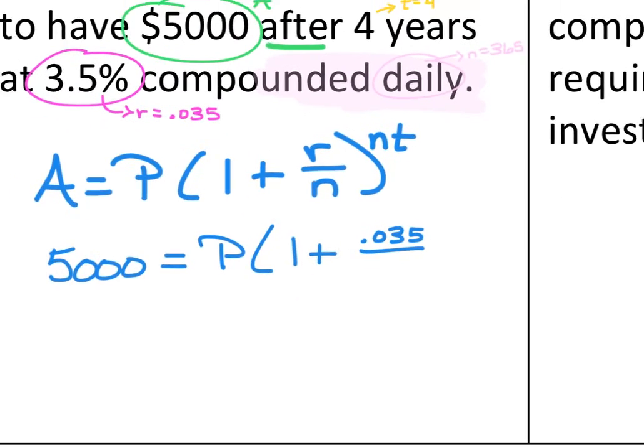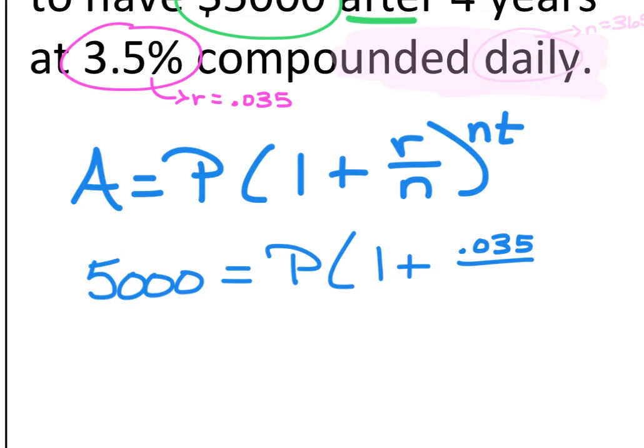So it's 0.035 divided by 365. And then the exponent is 365 times 4.